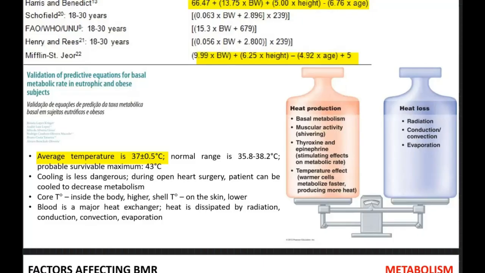For instance, the normal range for body temperature is about 35.5 to 38, give or take. Okay? All in Celsius. The survivable range, so this needs to be updated. I can translate it into Fahrenheit terms.